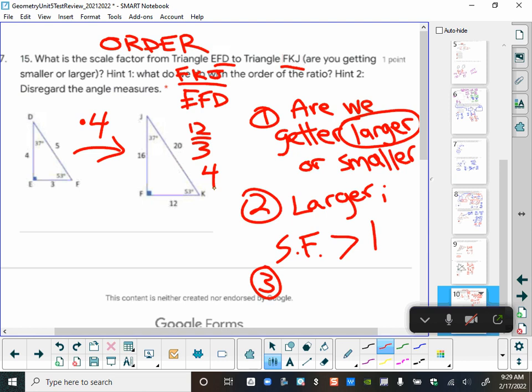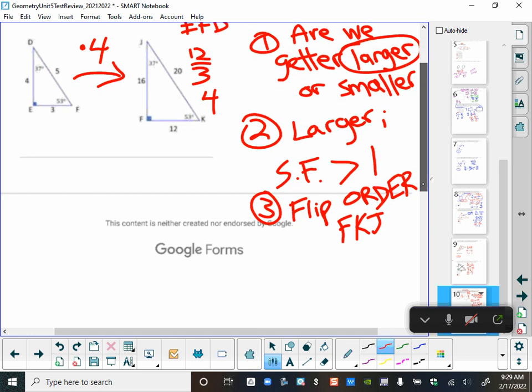If you don't flip that order, you're going to get a number that's less than 1, when you should be getting something bigger than 1. Okay. Basically, we're done.